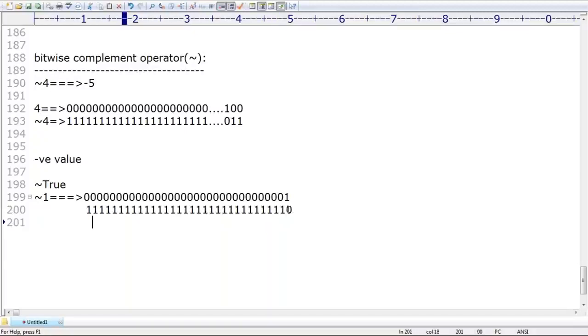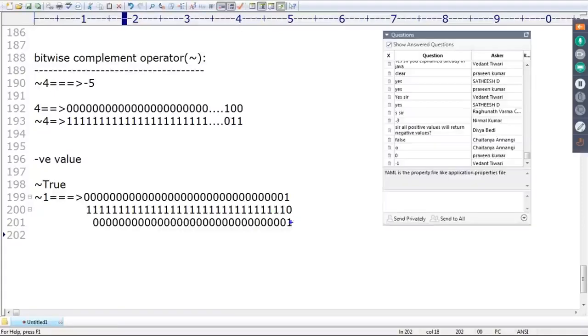For the remaining bits, apply 1's complement first, and then add 1, because plus 1 I require to add. For this, adding 1: 1 plus 1 means 0, 0 plus 1 means 1. All the remaining bits are 0.